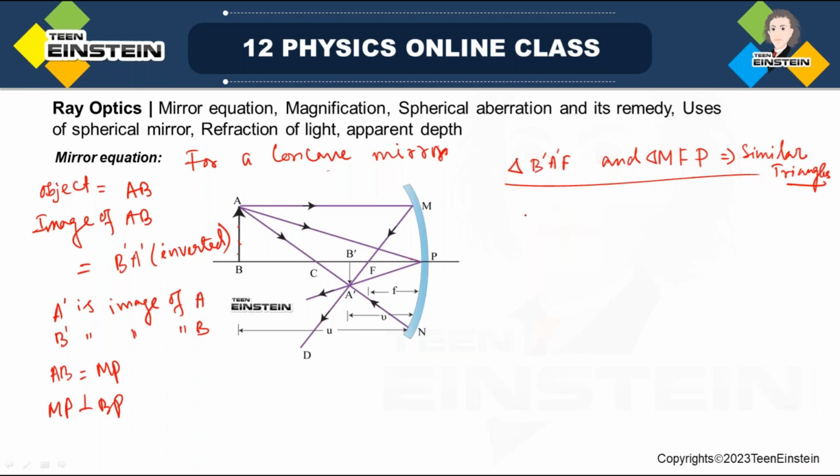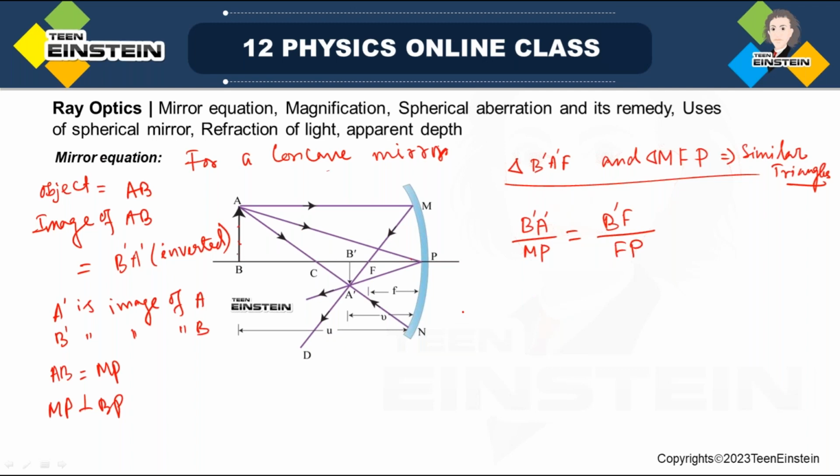If these are similar triangles, then I can write B prime A prime divided by this MP, and this is B prime F, equal to AP.